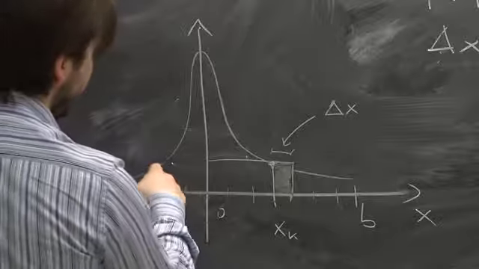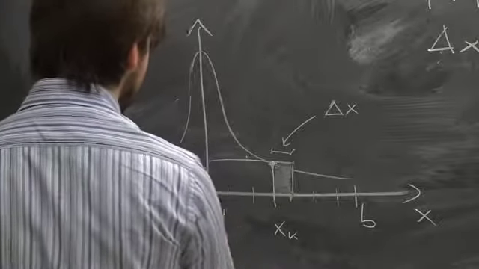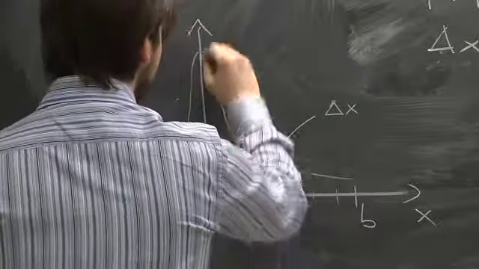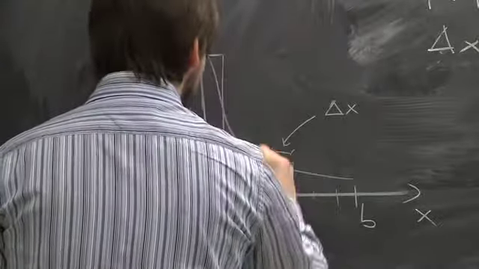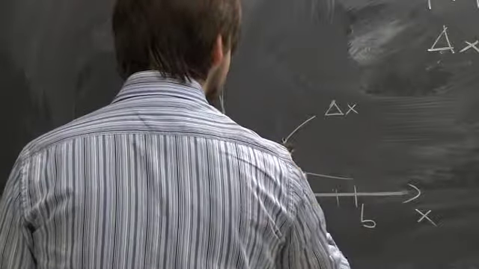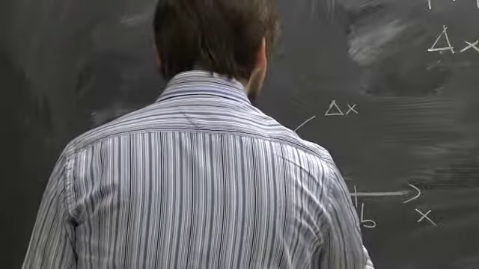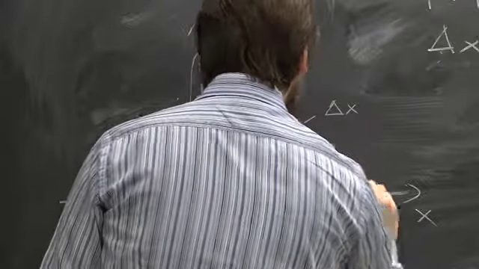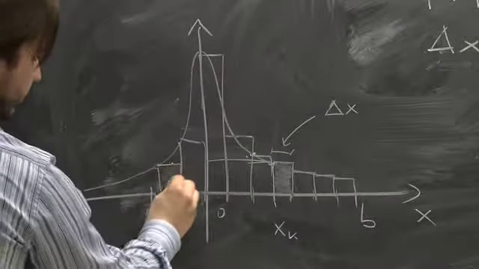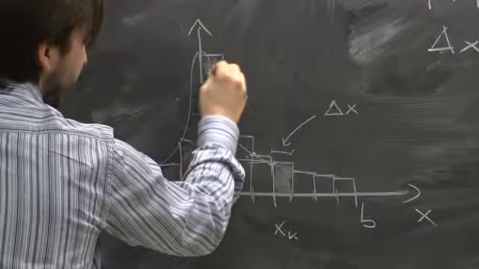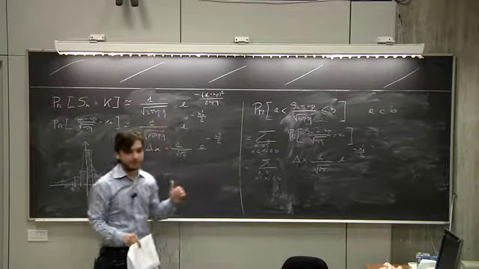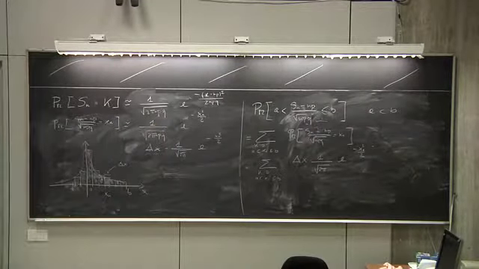Then you're evaluating the number, doing times xk, and then you go to the next one, and then to the next one, to the next one, to the next one. So you're calculating this area. This formula is the formula for this area with n finite, right?